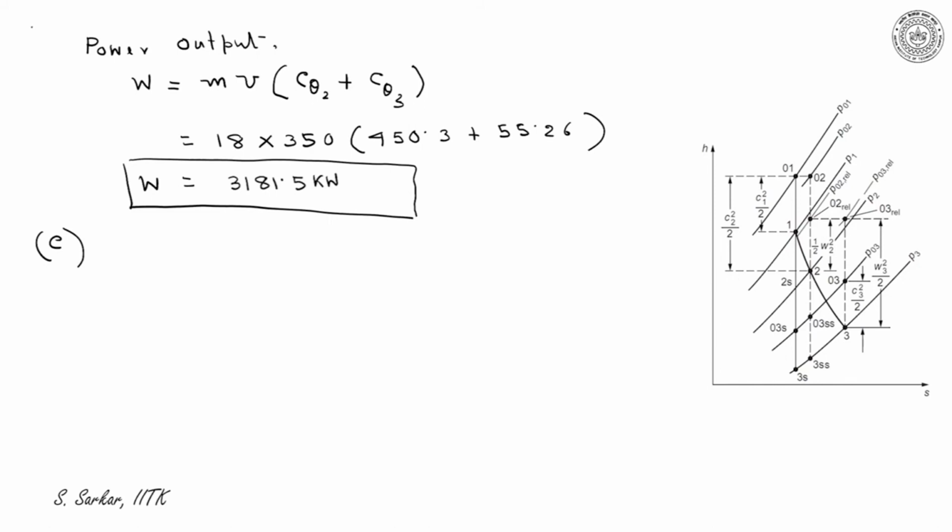Again from the velocity triangle, I can write C2 is equal to Cz into sec alpha 2. This is the inlet velocity triangle. So I know Cz is 260 meter per second and alpha 2 is 60 degree.